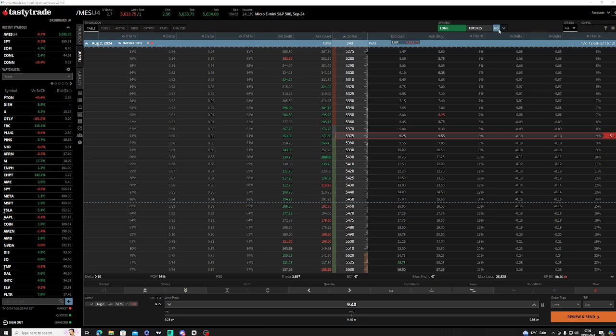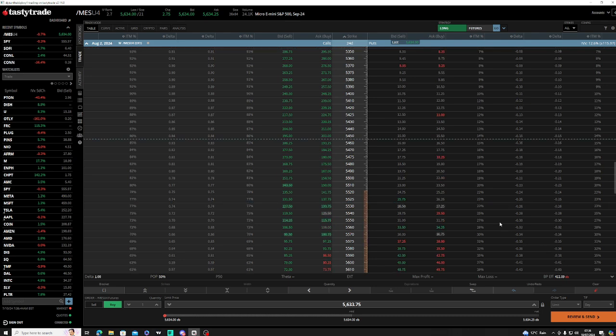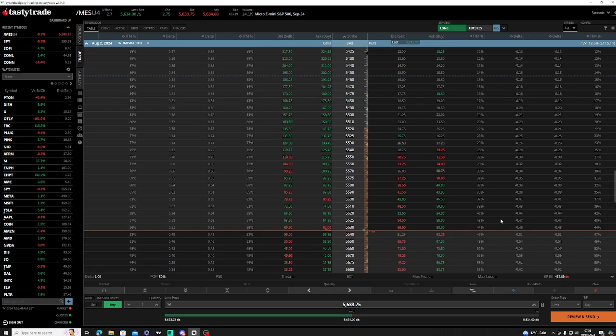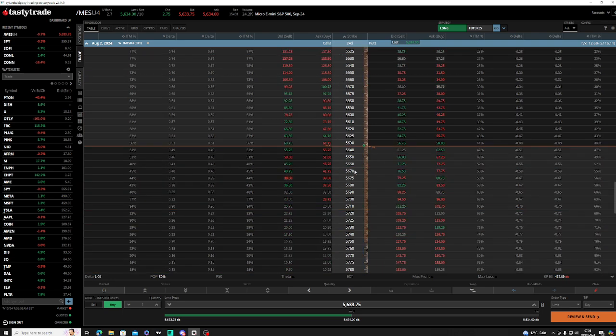So to own one futures contract, if I just try and buy a futures contract right now, it'll tell me it's going to take away 647 buying power for me to buy one futures contract right now. However, for most of you guys, it'll take about $1,100 to own one assignment of this. So if you get assigned, it'll take away $1,100 out of your buying power.